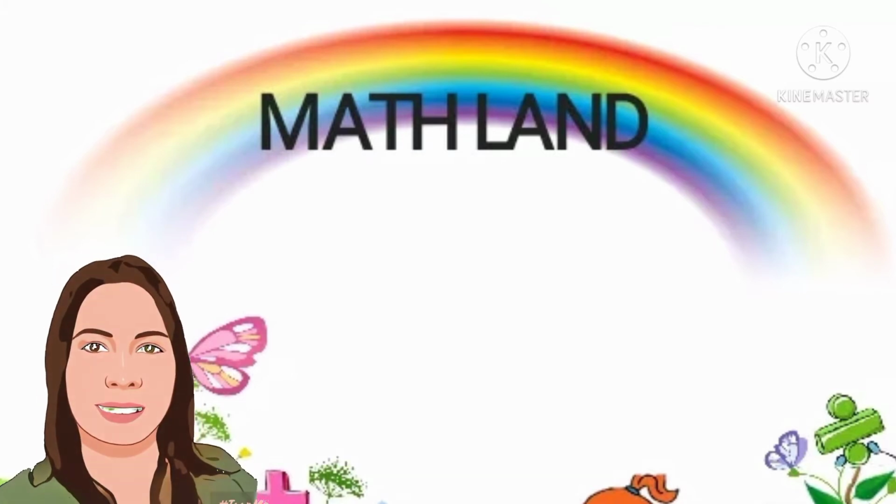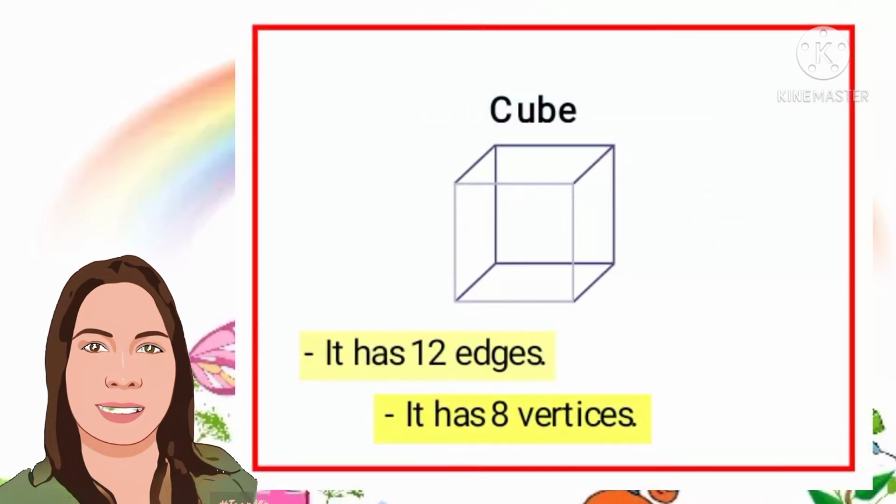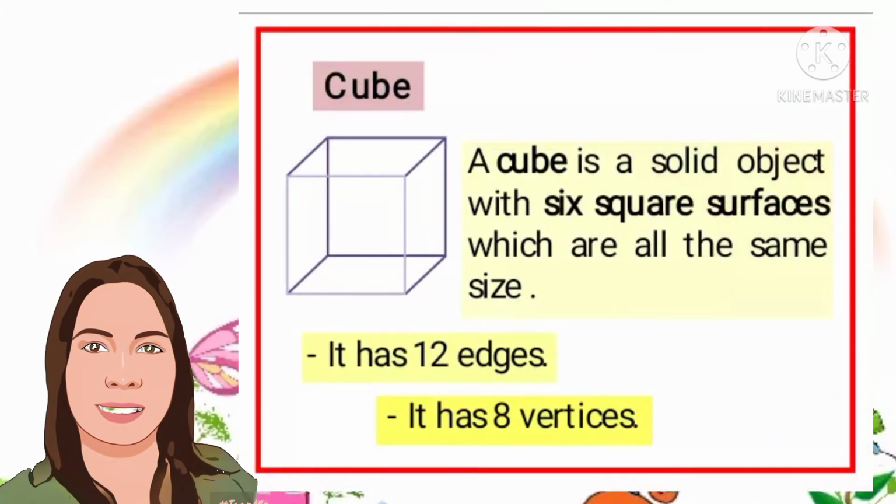Let us now describe each prism. First, we have the cube. A cube is a solid object with six square surfaces which are all the same size. It has 12 edges and 8 vertices.